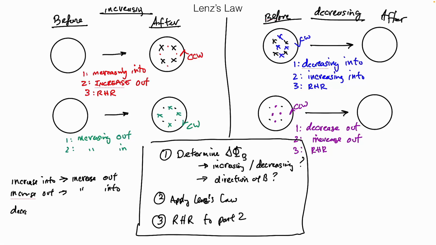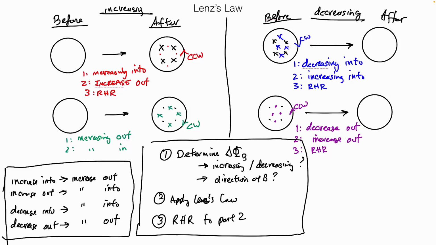A decrease into will be fought with an increase into, and a decrease out will be fought with an increase out, right? That represents the total sum possibilities for describing how Lenz's law is going to fight things. The opposite direction. It's a good way to summarize, right?